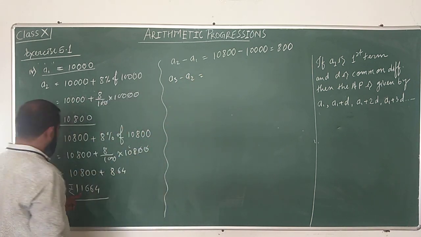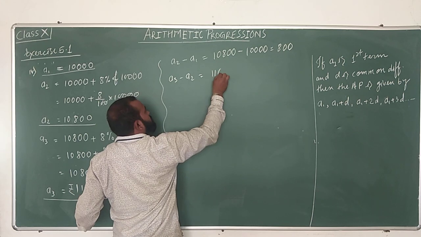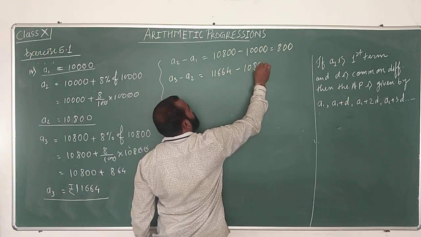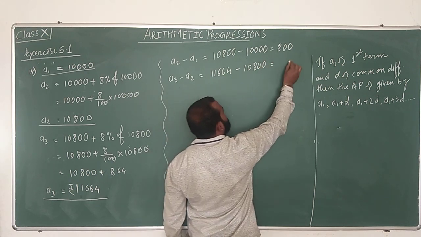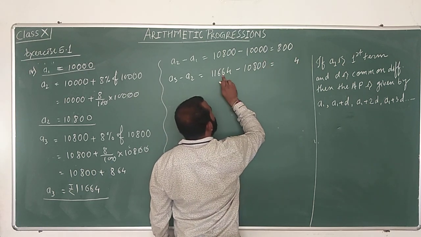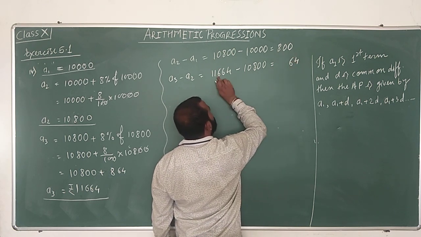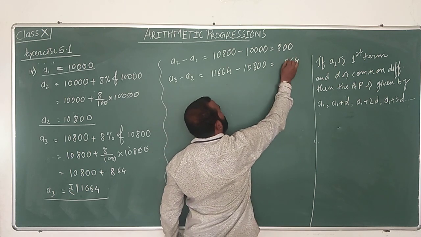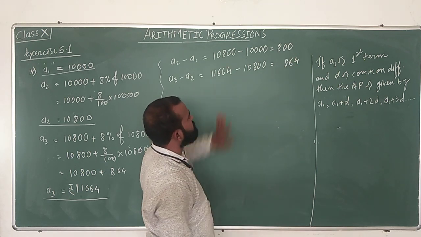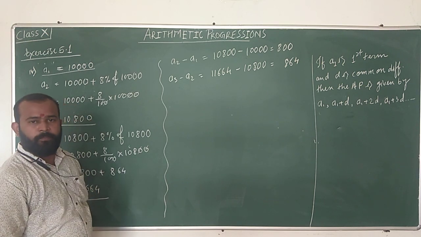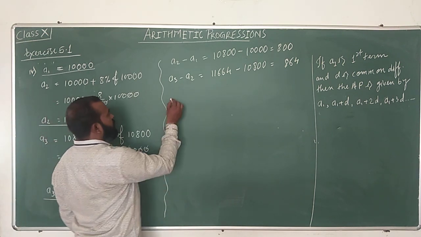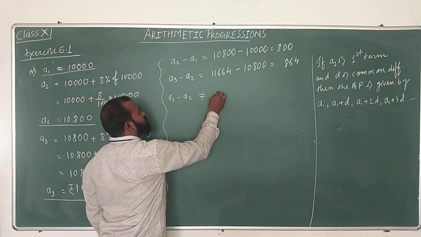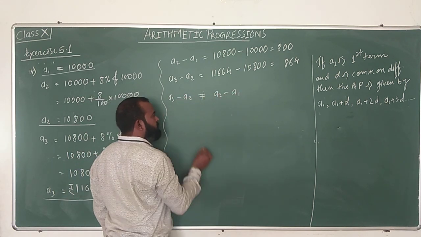What is A3? 11664 minus 10800. क्या होगा? 4 minus 0 4, 6 minus 0 6, 6 minus 8, 16 minus 8 is 8. Now 1 minus 1, 864, right? Now both are different, so A3 minus A2 is not equal to A2 minus A1.